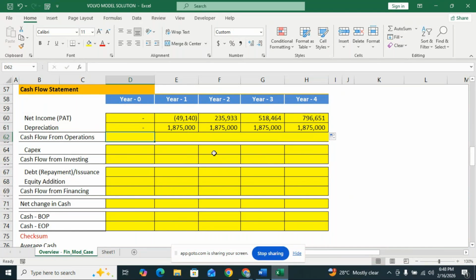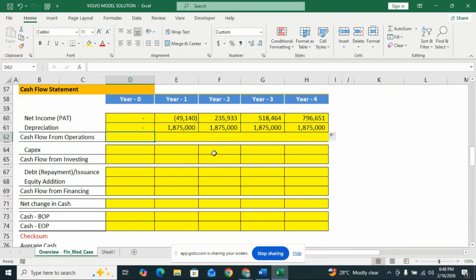I've already discussed with you the cash flow statement, and how it operates. What are the components of the cash flow statement? We have three segments: cash flow from the operating activities, cash flow from the investing activities, cash flow from the financing activities. So first we are calculating the cash flow from the operating activities.